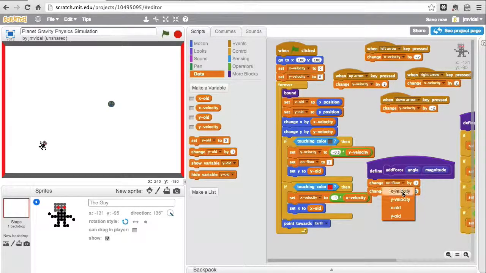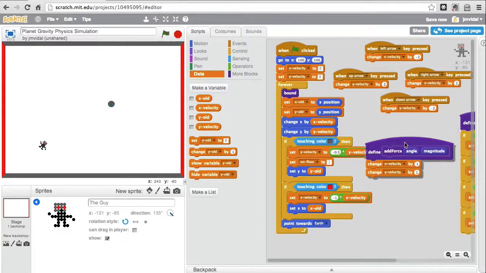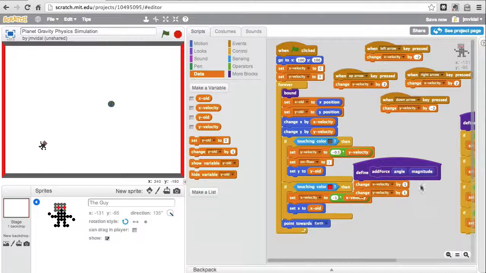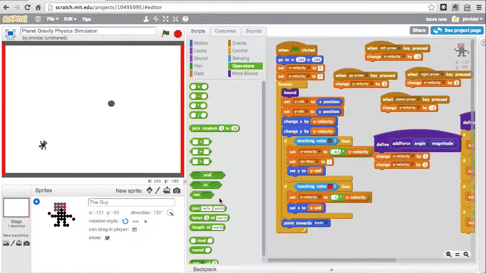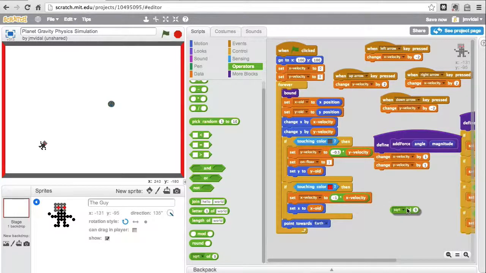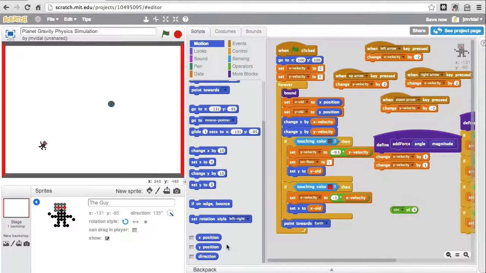Okay, so the x velocity and the y velocity. So x is going to be the cosine, so cosine, you have it here, right? That's the cosine of what? The direction variable.